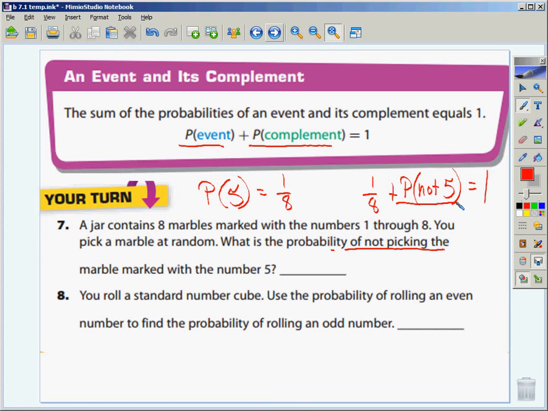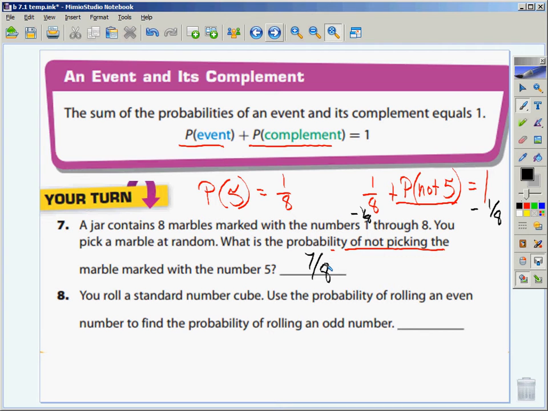Subtract it. I would subtract it. What is 1 minus 1/8? 7/8. So they're asking us to use this concept of a complement to find the probability of something not happening. Make sense to everybody? And I know that this will work because 7/8 plus 1/8 equals 1.